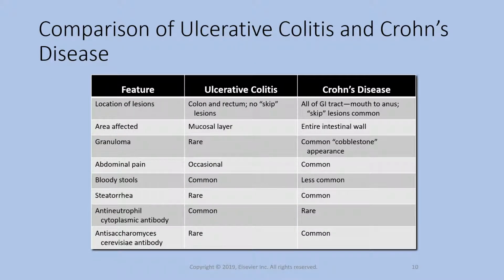Features of Crohn's: locations, colon, rectum, versus ulcerative colitis, and Crohn's affects the GI tract from mouth to anus. Affected areas: entire intestinal wall rather than mucosal only, granulomas, cobblestone appearance, abdominal pain, bloody stool. So some of these other things you'll never run into.